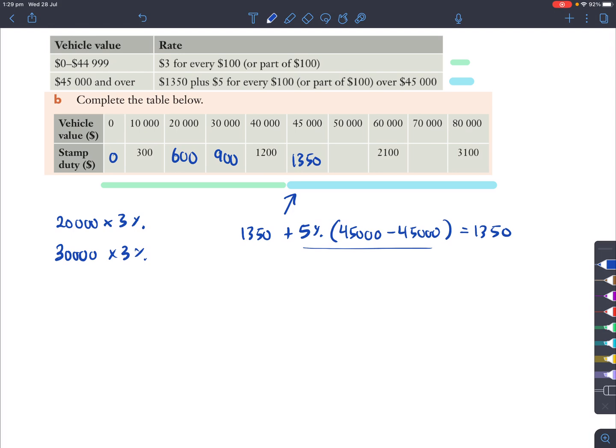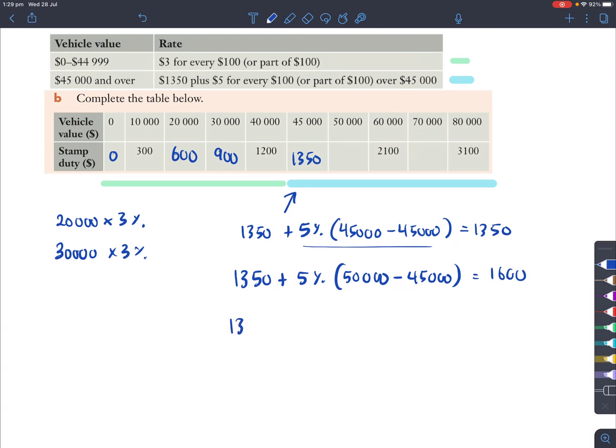Now, what if it's 50,000 then? Then we're still going to pay that same amount, 1,350 plus 5% of how much 50,000 is over 45,000, and that will give us 1,600, if we put that on calculators. And then you do the same thing for 70,000.